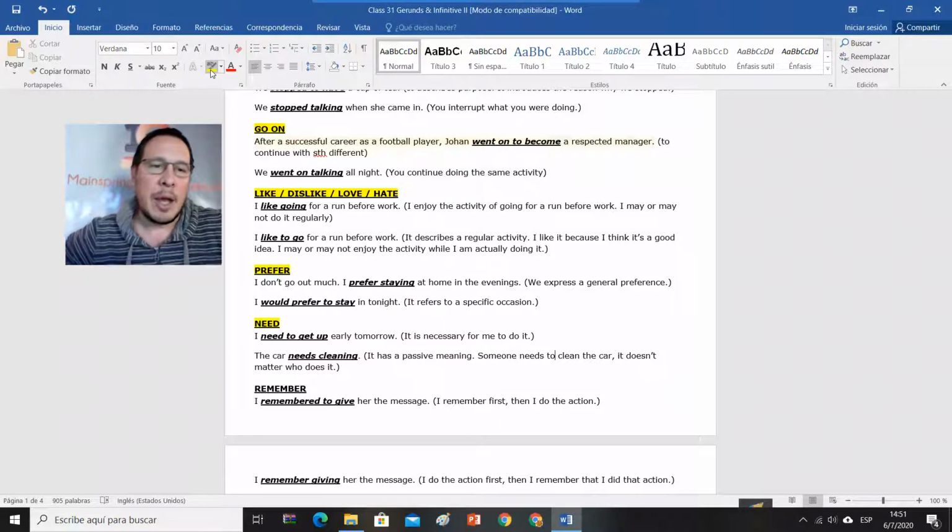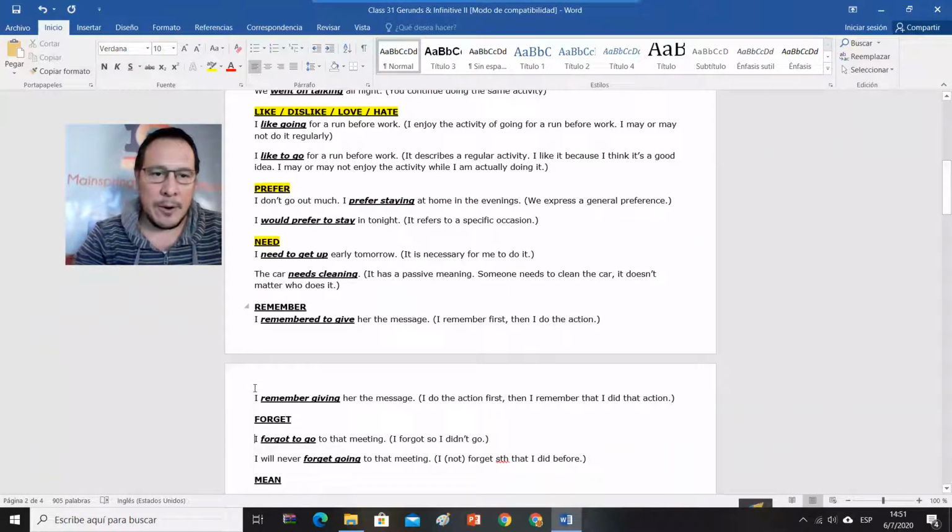It needs tidying up, so it doesn't matter who. You can say, okay, someone else can do it, even though you know who should do it. In this case, the car needs cleaning. It is passive meaning. Remember, please, we don't say who needs to do the action, but that the action needs to be done.